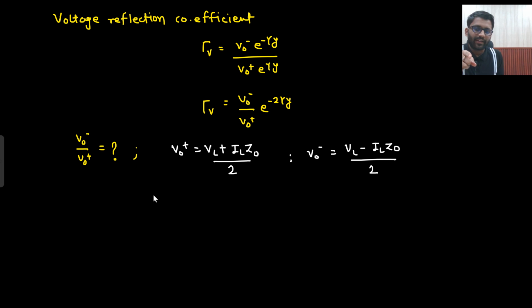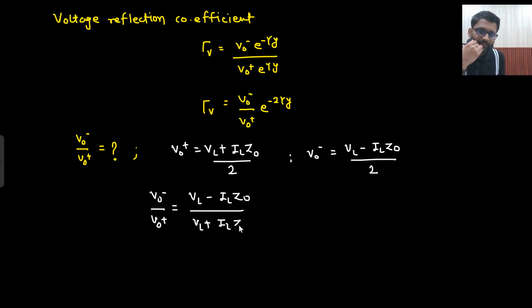So I am writing down the value of V naught minus divided by V naught plus. What value do you get? VL minus IL Z naught divided by VL plus IL Z naught.